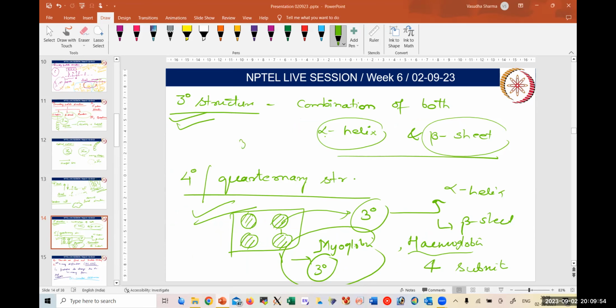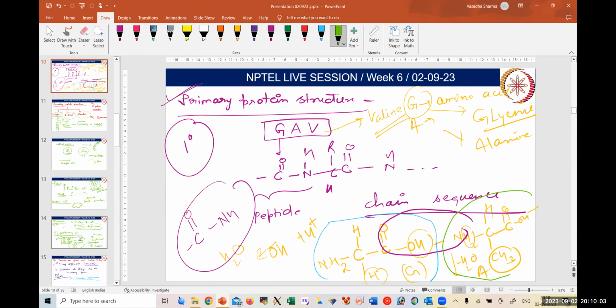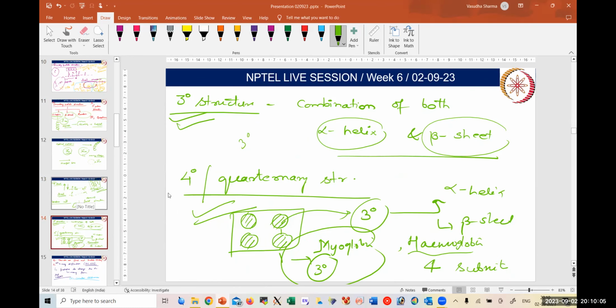Firstly, 3-degree is a combination of both the alpha helix and beta sheet. And myoglobin is having only one tertiary structure. Don't consider it as a 3-degree or something. So it is having only one unit, which is a 3-degree or tertiary structure.